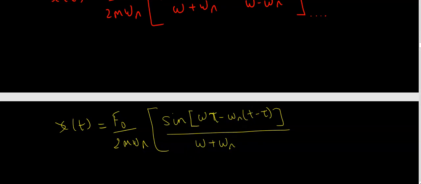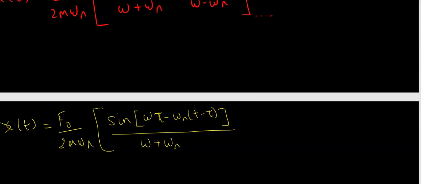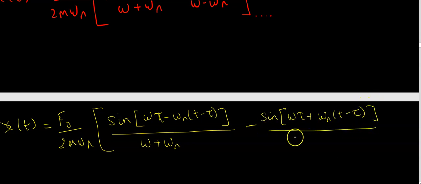And then, see if we could get some space here, you're going to have this minus sign again, and you're going to have sine of omega tau plus omega n, t minus tau, divided by omega minus omega n now.